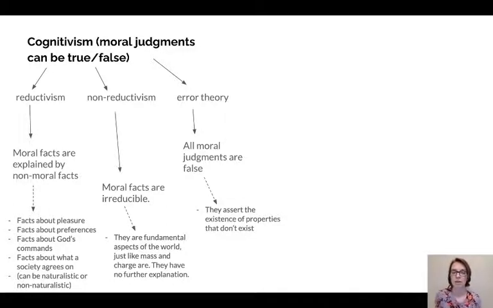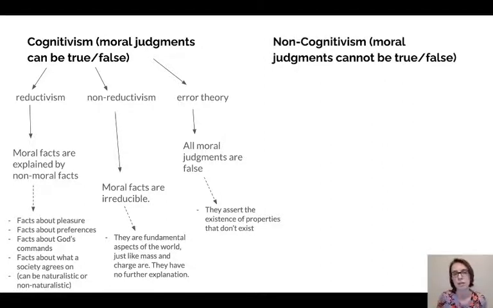And it would turn out that my judgment is false because there are no such things as properties of wrongness. That would be another kind of meta-ethical view one might have. This is not even all the kinds of views one might have if one were a cognitivist about moral judgments, but it does give you a sense of the territory.